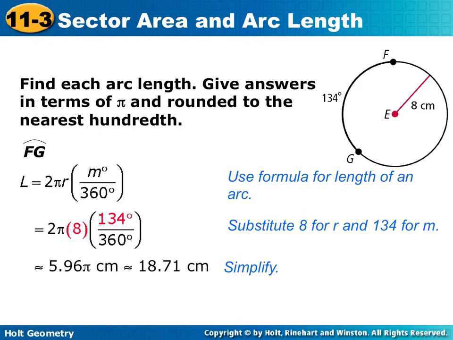Did you get it? 2 times pi times 8 times 134 over 360. That's the final decimal. If you want to go in terms of pi, just divide that by the pi symbol. That will get you that.